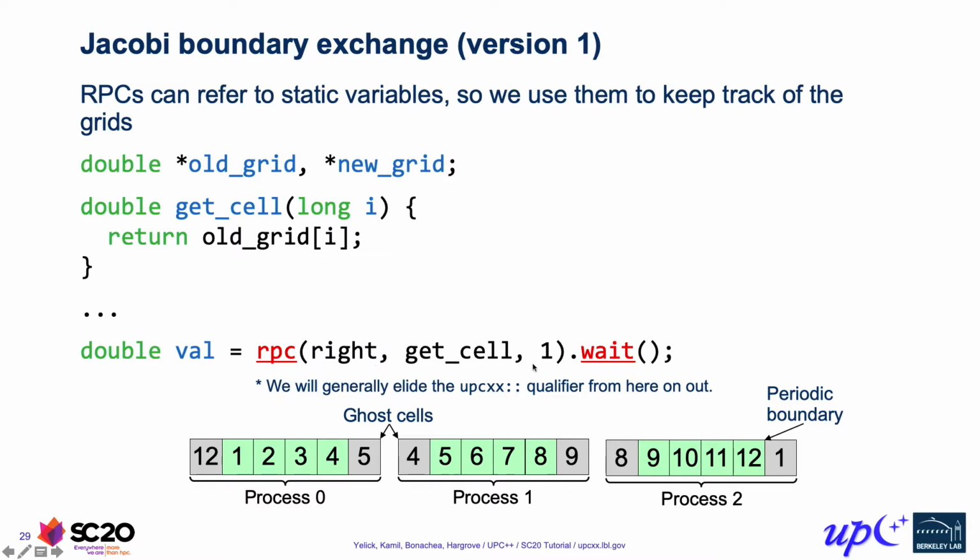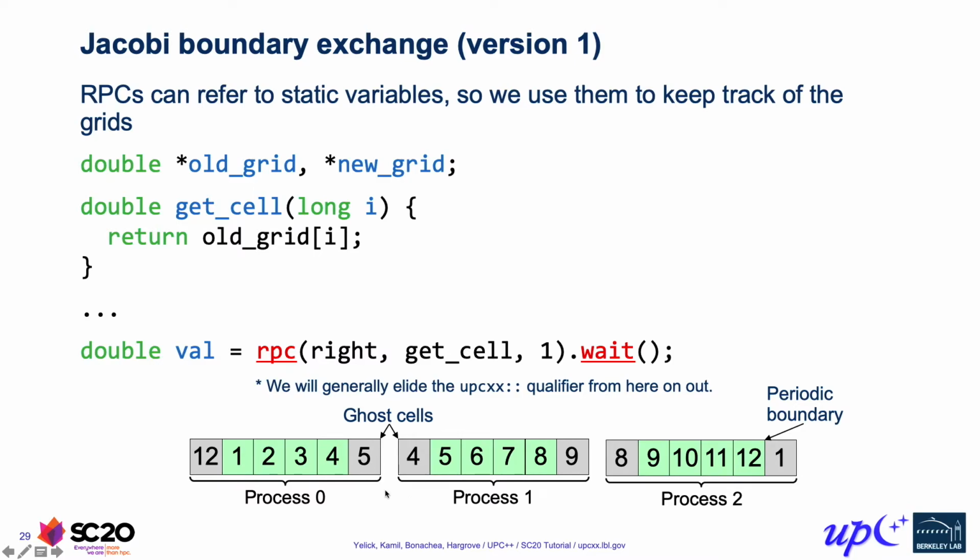In terms of which index we need to pass for getCell, if I'm looking at process 0, in order to get the value 5 over here, it's actually at index 1 in process 1, and that's because process 1 is storing the ghost cell from process 0 at index 0 in its own copy of its grid.